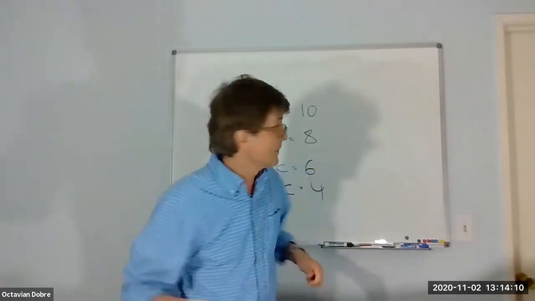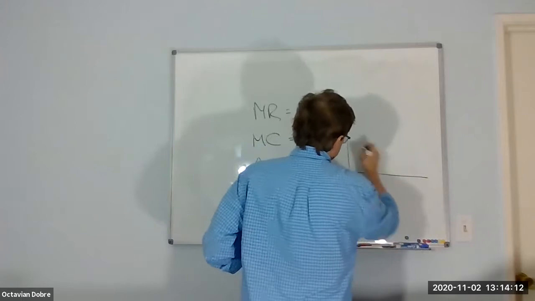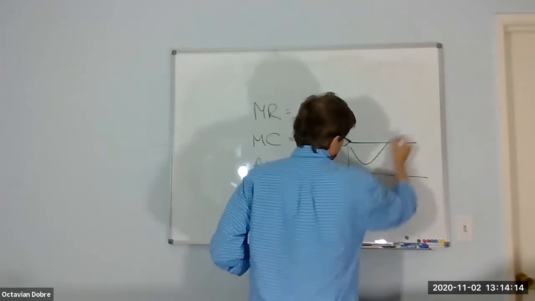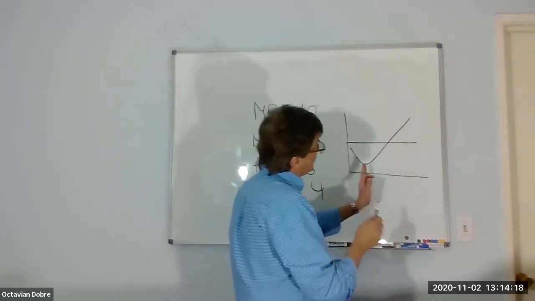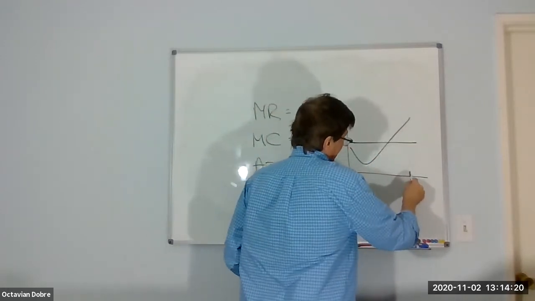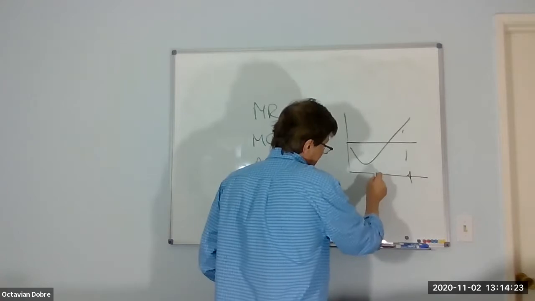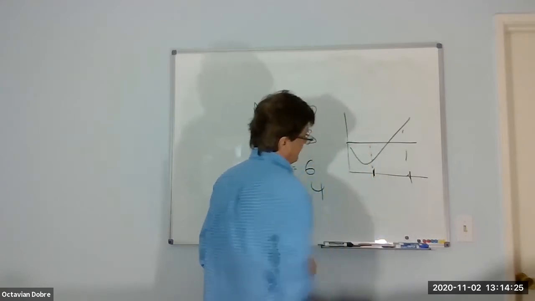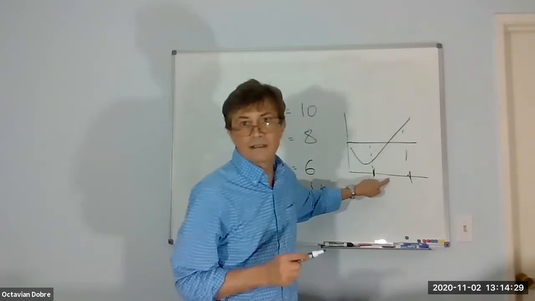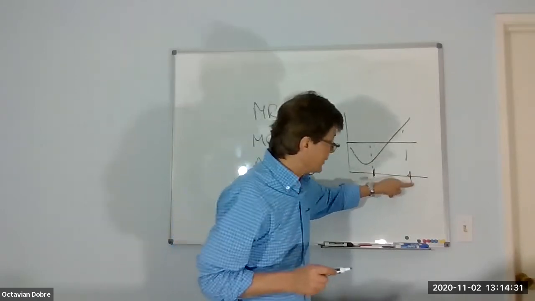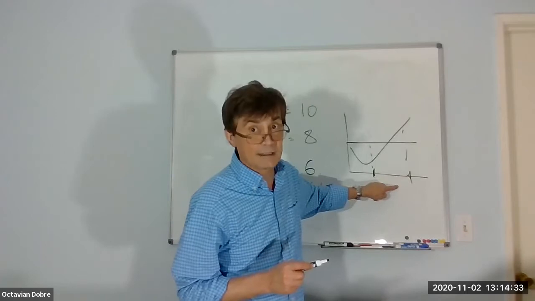Okay. So we're not here. So we must be either someplace here or someplace here. If we are here, we want to increase the output. If we are here, we want to decrease the output.